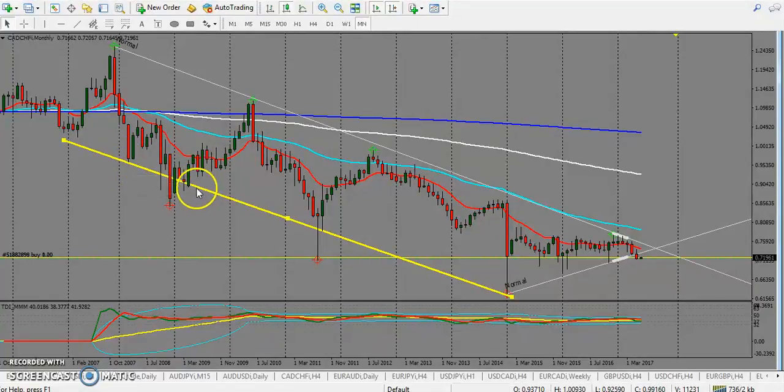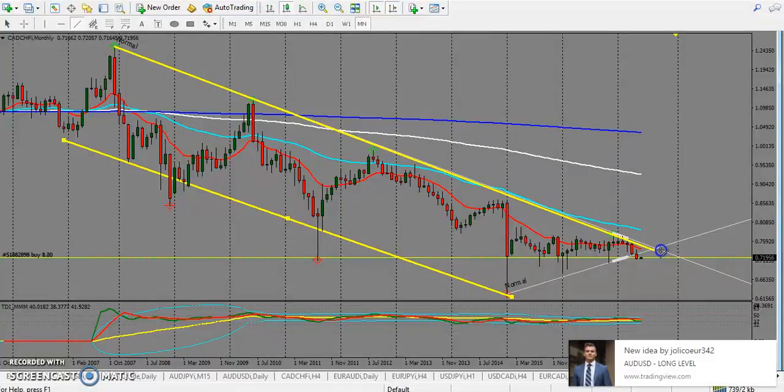So one touch: yes, there was rejection here, there was rejection here, but it touched here, and it touched here. So pretty much, it's just been in a strong channel. I might as well highlight this too, because at some point, these things do disappear.